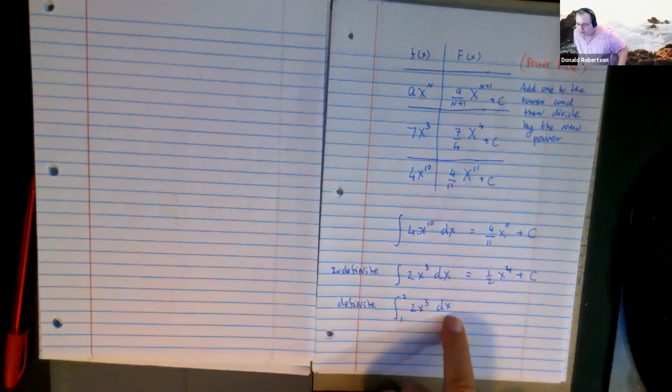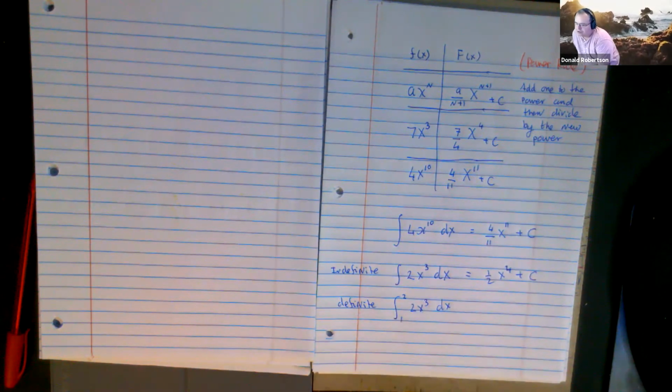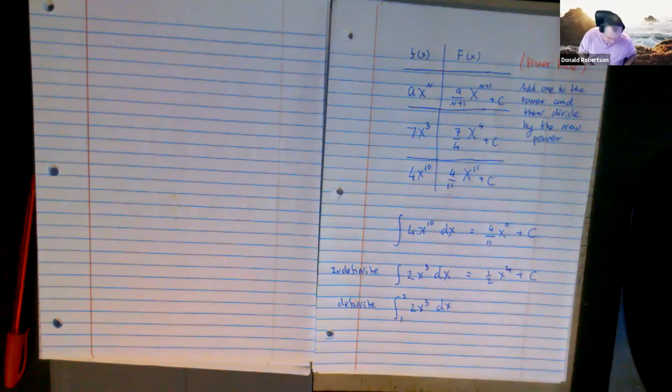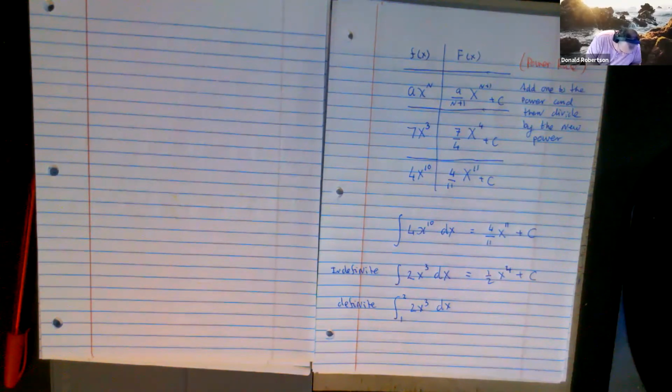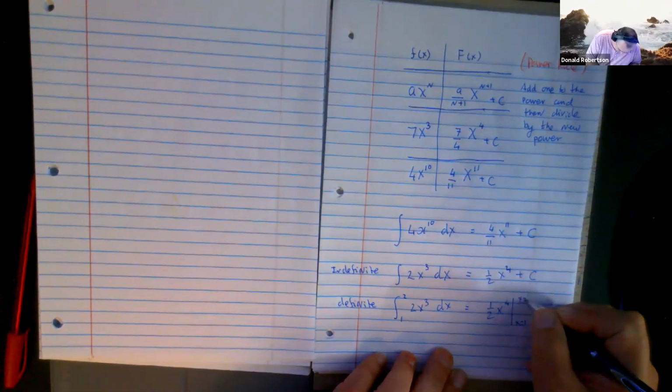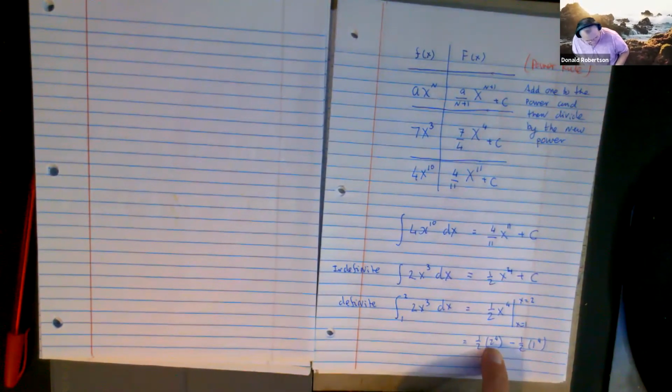So if you're doing this question, won't your answer be a number when you're finished? It'll be an area under a curve. It's still going to use this guy, evaluated at x equals 1 and x equals 2. And then you plug in x is 2, and then you plug in x is 1, and you get 2, 4, 8, 16. A half of 16 is 8, and you get 8, take away a half.